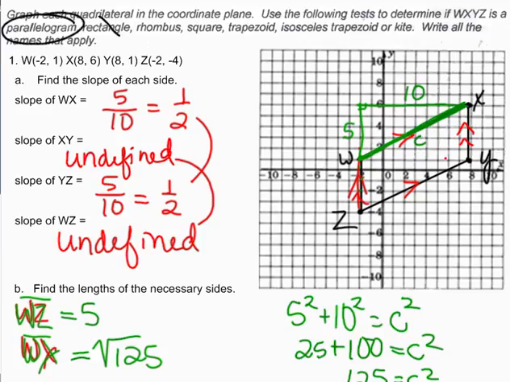It's not a rectangle because we don't have a right angle. It's not a rhombus because the consecutive sides are not the same. It's not a square. It's not a trapezoid because we have more than one set of parallel lines. It's not an isosceles trapezoid, and it's not a kite. The only thing that this shape is, is a parallelogram.